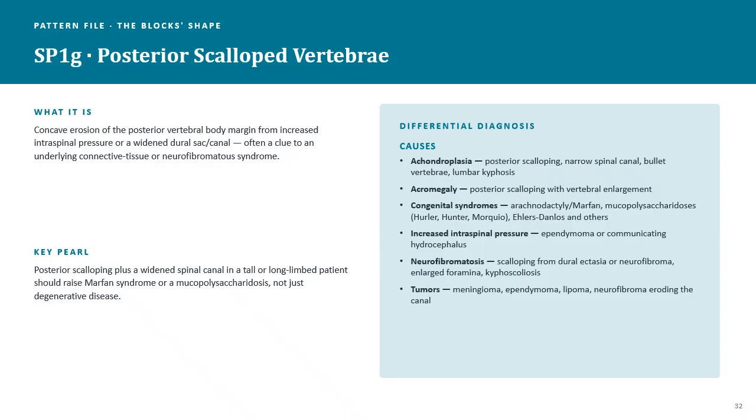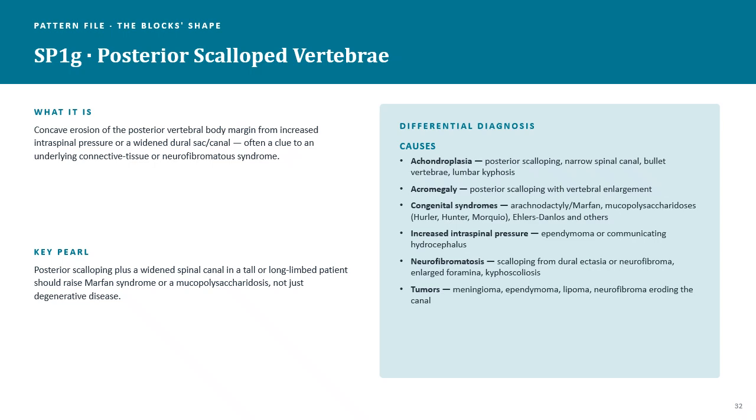That's basically when the sac that surrounds the spinal cord becomes widened, and this can happen with conditions like Marfan syndrome and also neurofibromatosis. Tumors within the spinal canal can also create this pressure and cause this posterior scalloped appearance. The findings, again, whether it's in the front or in the back, can help us narrow down the cause.